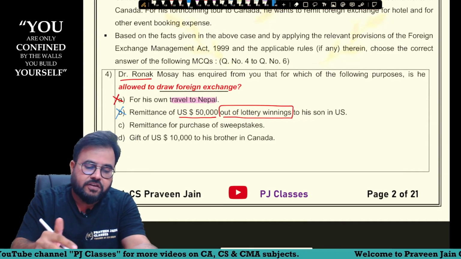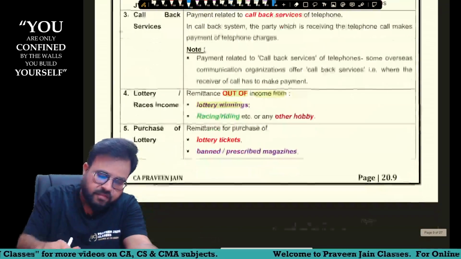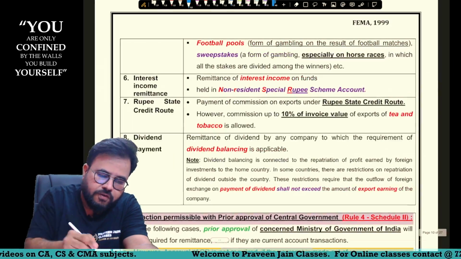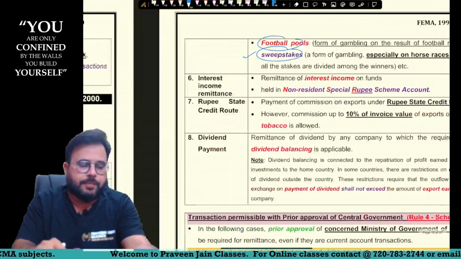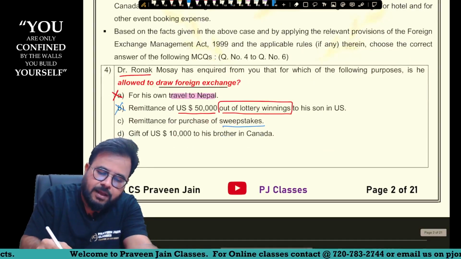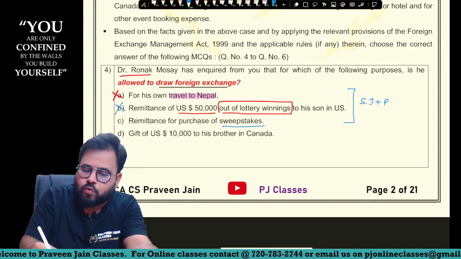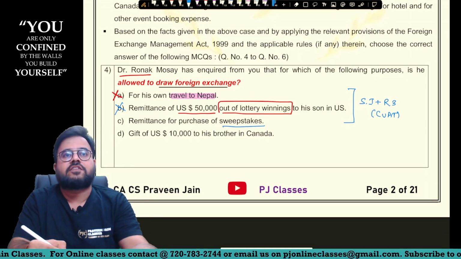Remittance for purchase of sweepstakes. Can I say it is a sort of gambling? Even this is not allowed, sir. Remittance for purchase of football sweepstakes is also prohibited. In other words, all these three are schedule 1 read with rule number 3, and they were all current account transactions, and all these are prohibited.